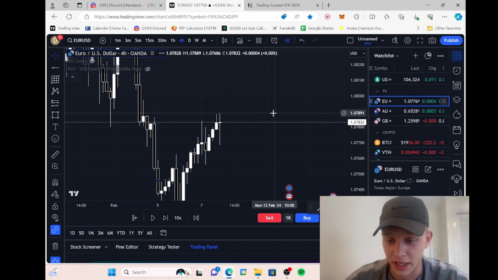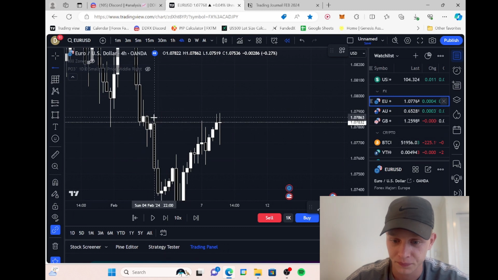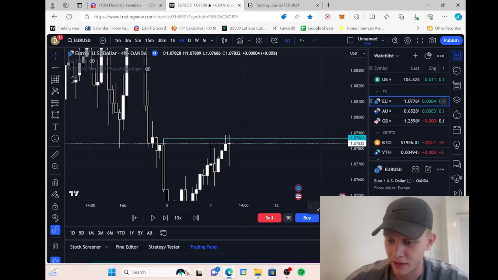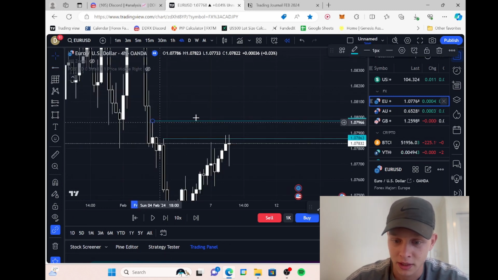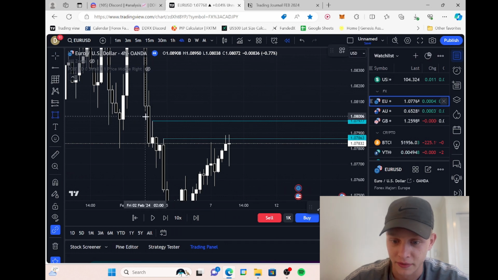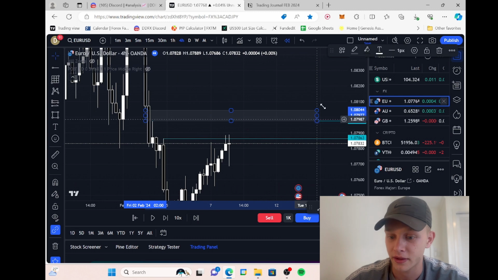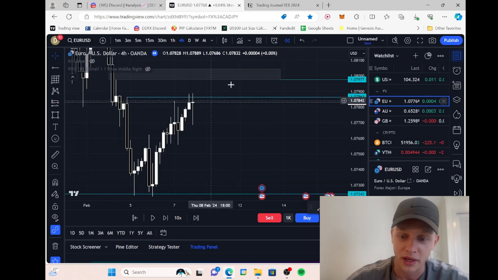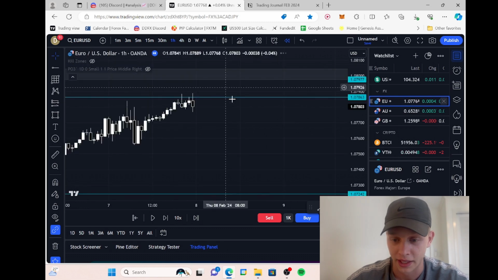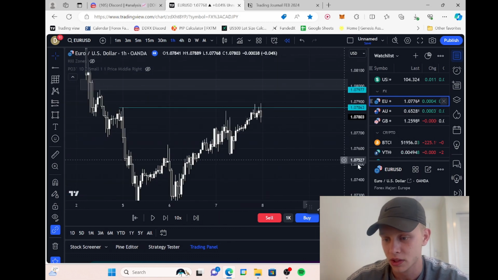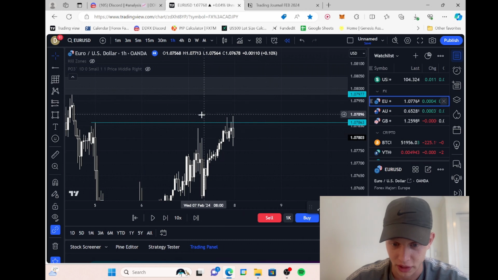Coming into the trading hours, I saw that we took out this high here, and then we have this high right here. And above that high, we have a 4-hour fair value gap. So that's a main area of interest. But now that we have taken out this high, I can look for a lower time frame confluence to potentially make a trade to the downside.